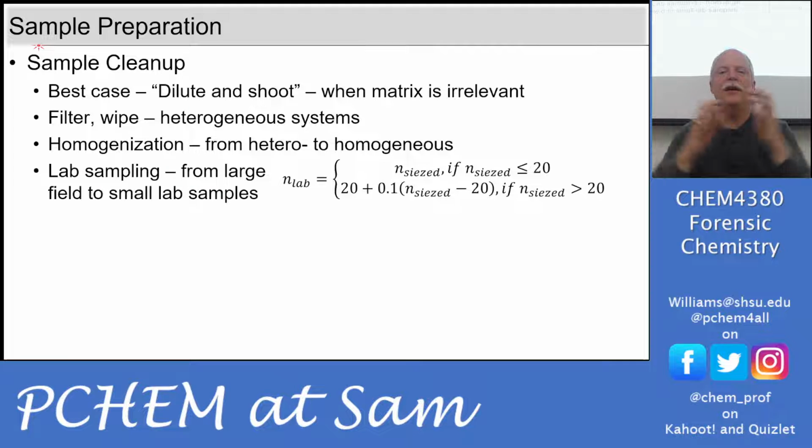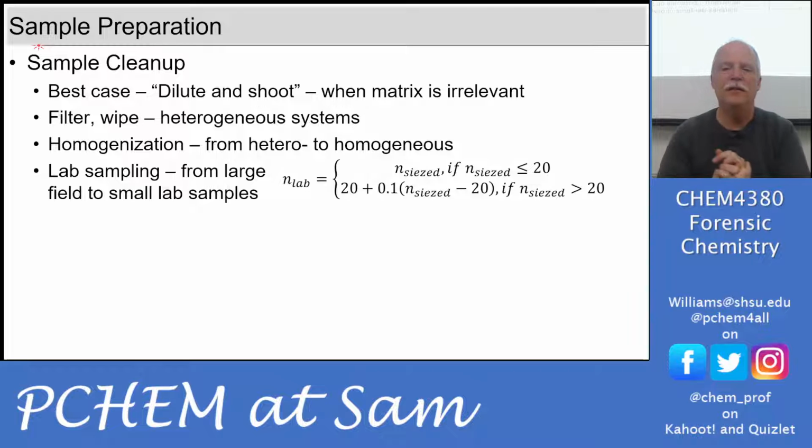And then we went over a few lectures ago this lab sample. So I went ahead and put this equation back in here for you. If you have less than 20 packets that you need to analyze, or field samples, you analyze all 20. If it's above 20, then you analyze 10% of those that are above 20.